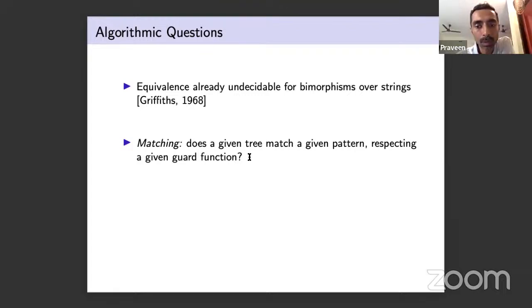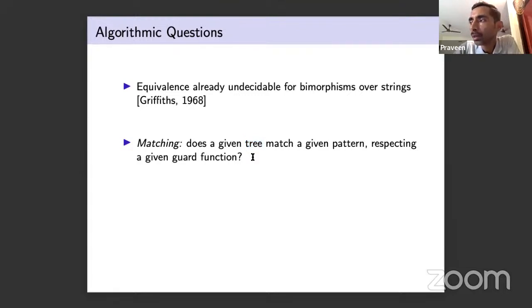Correct. So we want to check if there exists a substitution sigma such that sigma of Z belongs to guard of Z for every variable Z, such that applying this substitution sigma to the pattern will give you the input tree. So this is the question.